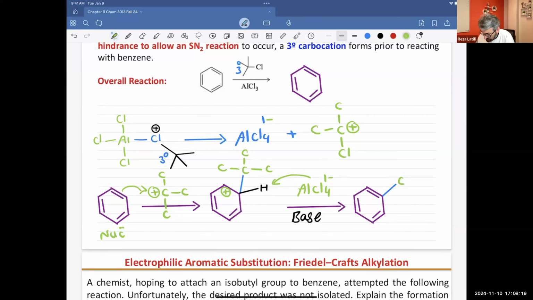So now we will get a tertiary butyl attached to the ring, plus we get HCl, and the next product will be the starting compound, which is aluminum chloride. So we got the tertiary butyl attached to the ring plus HCl and aluminum chloride, which was the starting compound.